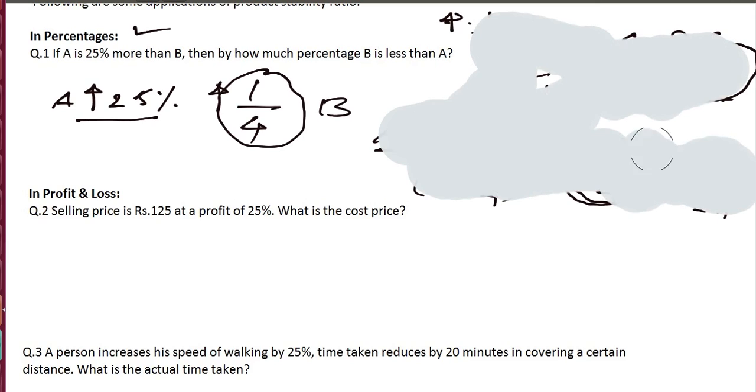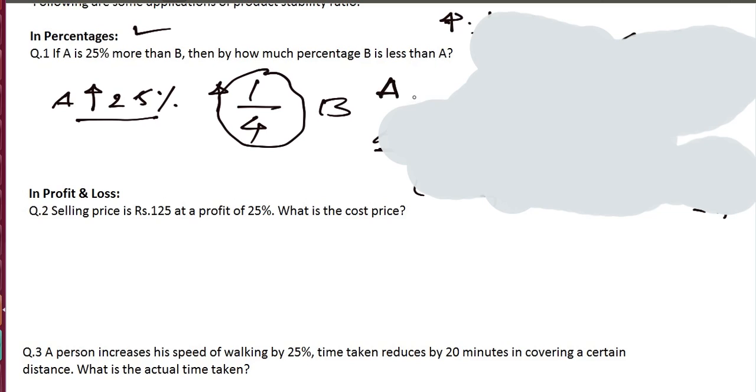So the concept which we'll use here is if A increases by 1 upon n, B will decrease by 1 upon n plus 1, right?